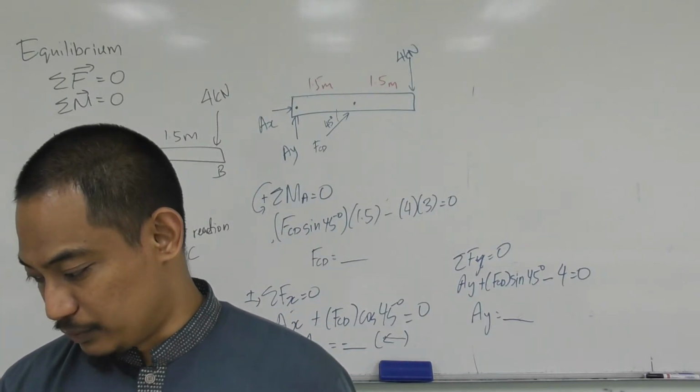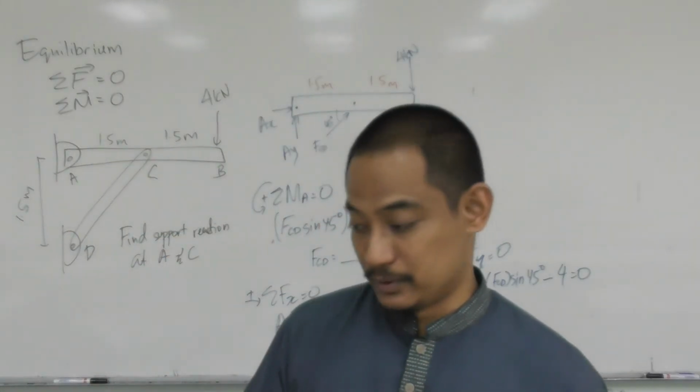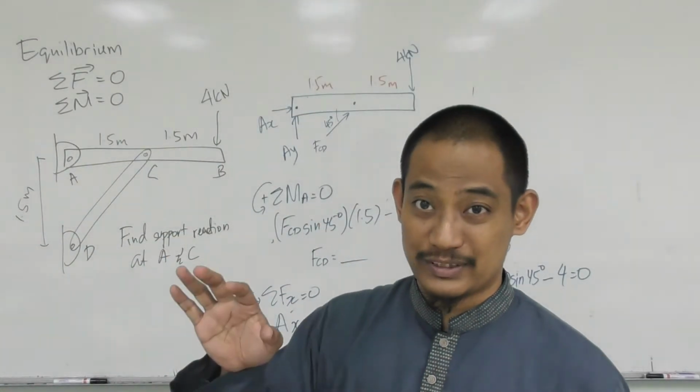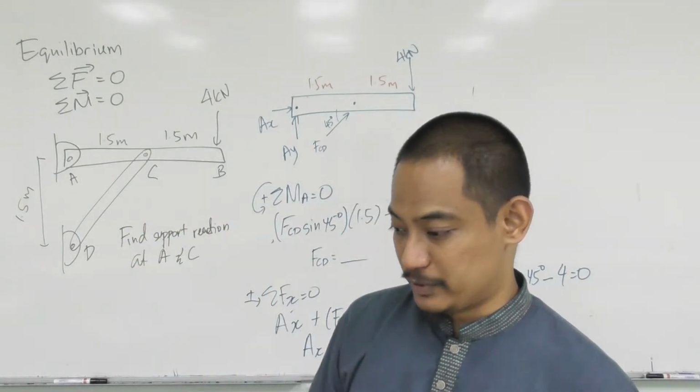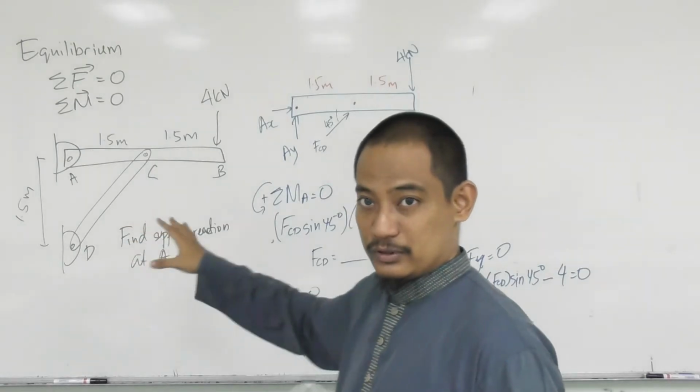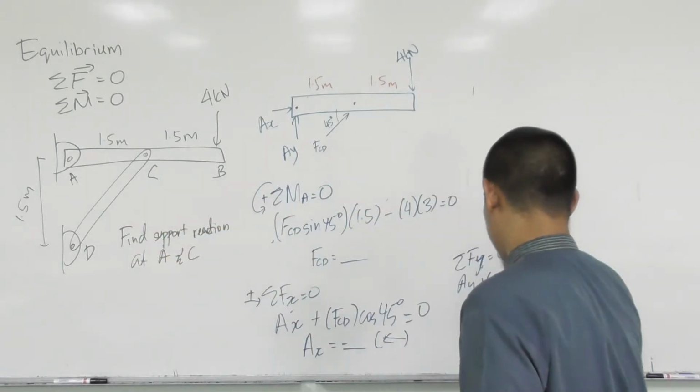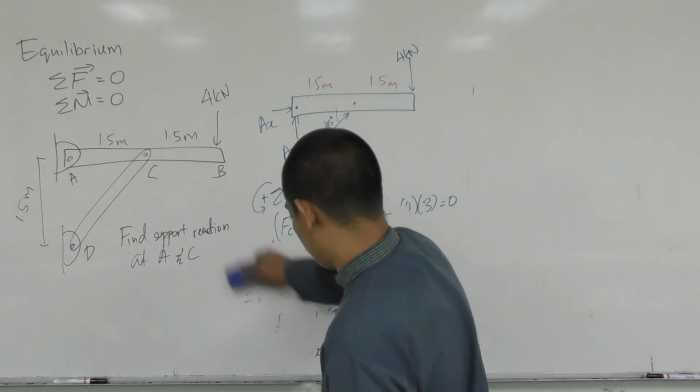Okay, so we will go straight to the next example. Group problem solving. If you see the slide, it has the title group problem solving, and then you have this problem here. So I'm going to erase this and draw the problem.